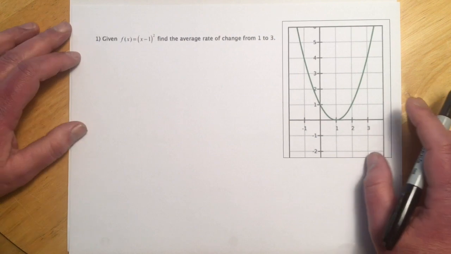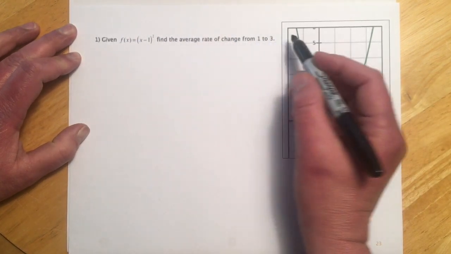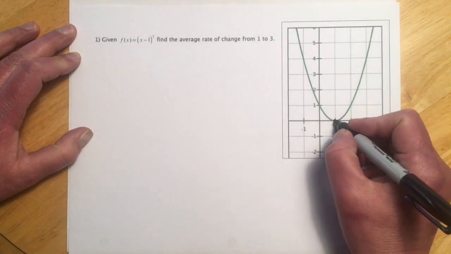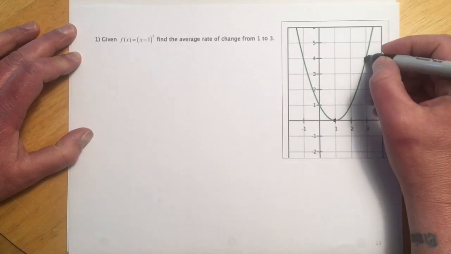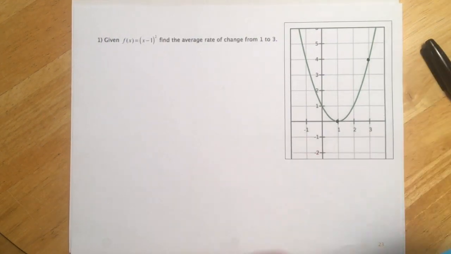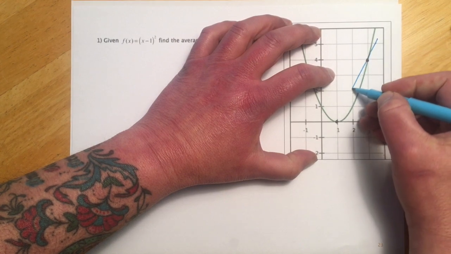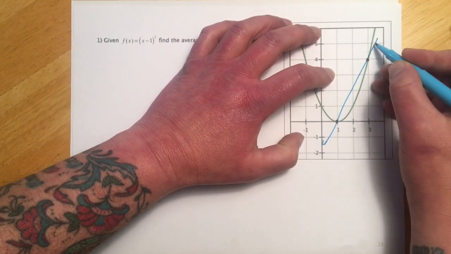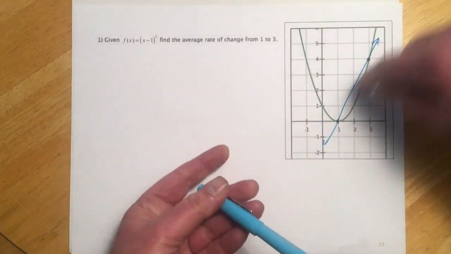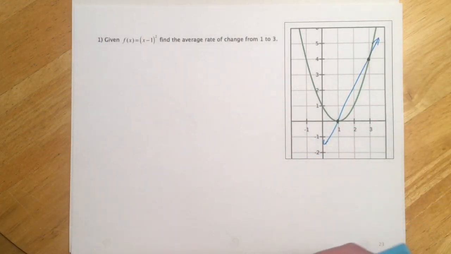Okay, so for the first problem, given this function, find the average rate of change from 1 to 3. So here's 1, and here is 3. And if I attempt to draw a straight line, which will be suspect, but here it goes. Not too bad. So the slope of that line, approximately, is going to be our average rate of change.